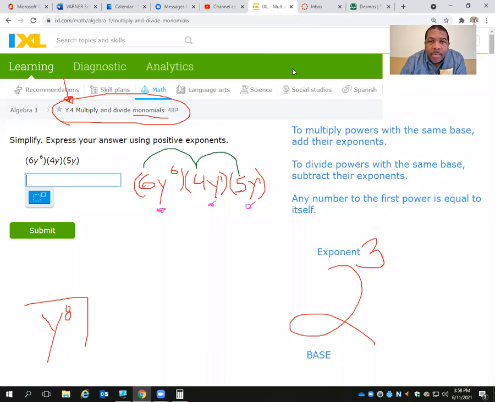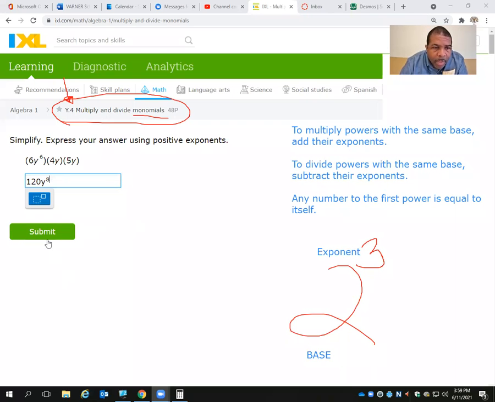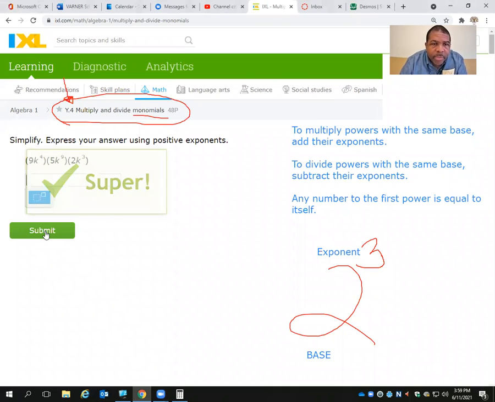So we know that numerically we're going to have 1, 2, 0. And then we're going to go back to our parking lot and it'll say y to the 8th power. And let's see if I'm right. Okay. 1, 2, 0, y. I click this box so I can put in my exponent of 8. Here we go. Super duper.